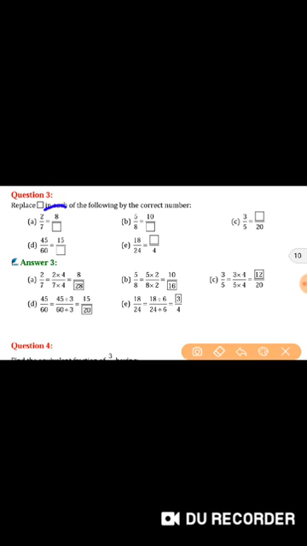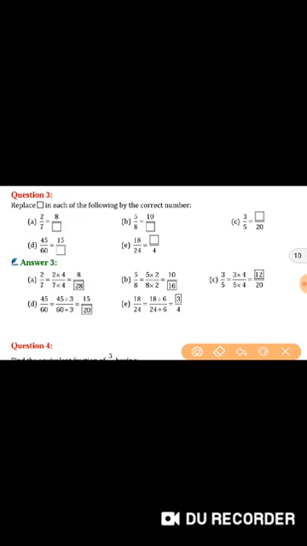See the numbers and compare. 2 and 4 are there. 2 times how much is 4? 2 twos are 4, so 2 fours are 8, means we have to multiply the 4 with the denominator. 7 4s are 28.